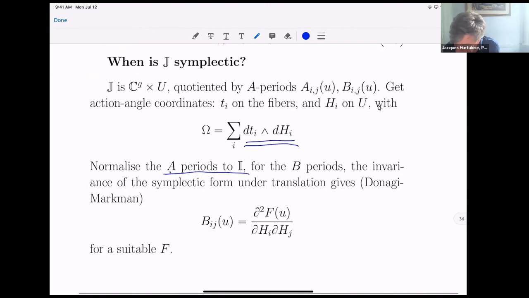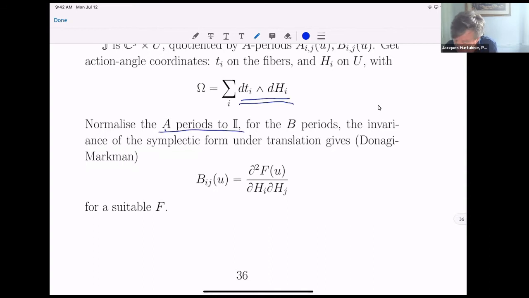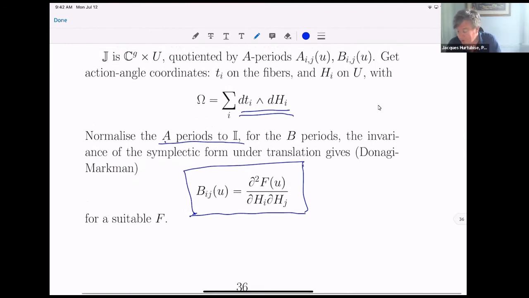And it's a nice result, and there's a much more sophisticated version due to Donagi and Markman, but the basic version is that the B periods that remain have to be a second derivative, a Hessian of a function. Basically, this is just so that when you translate by the B periods, the form gives the same value.